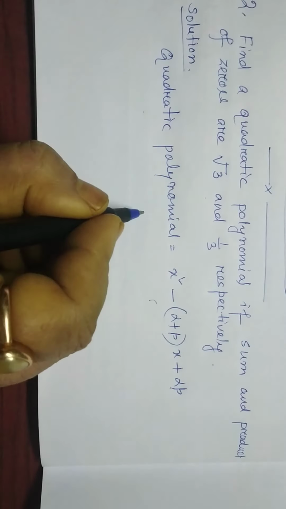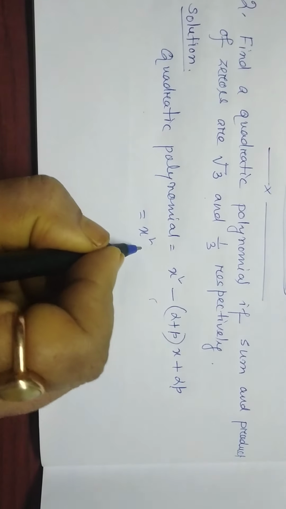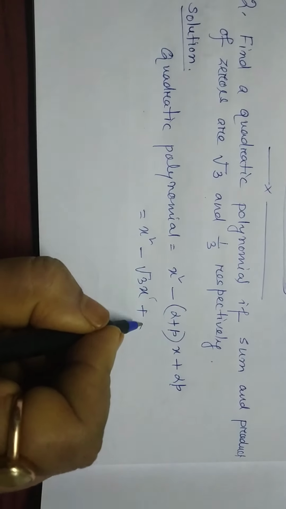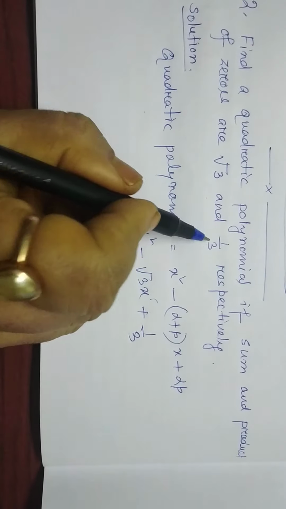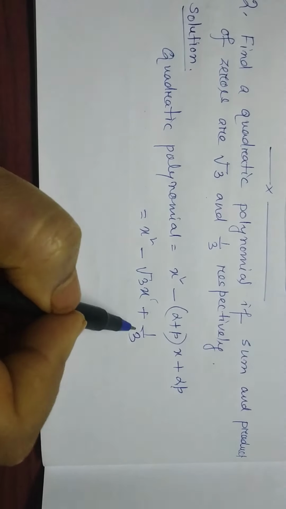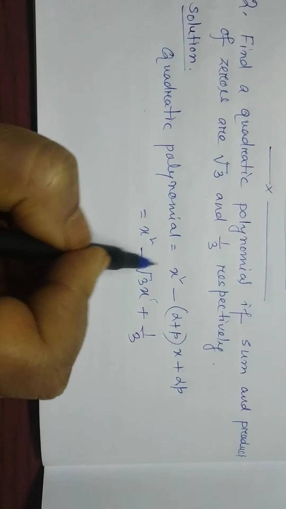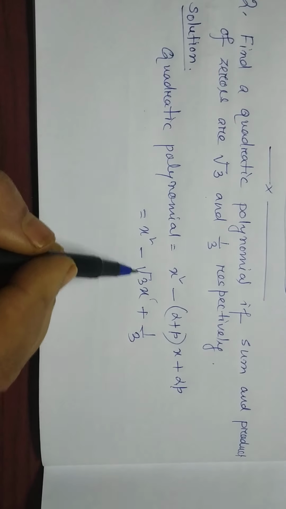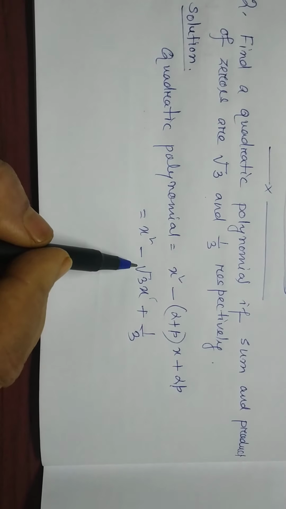Therefore the quadratic polynomial is equal to x squared minus √3x plus 1 by 3, because product of zeros is equal to 1 by 3. Therefore product of zeros will be the constant, and √3 is the sum of zeros. That's why we write minus √3 as the coefficient of x.